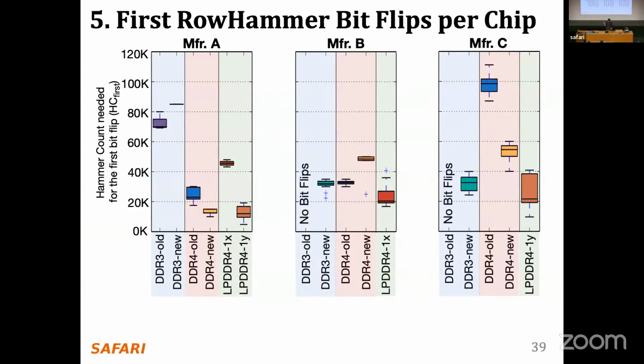And then we also look at how many hammers you need to induce the first bit flip in the chip. The x-axis this time is different generations of DRAM, and the y-axis is the minimum number of hammers you need to induce the first bit flip.